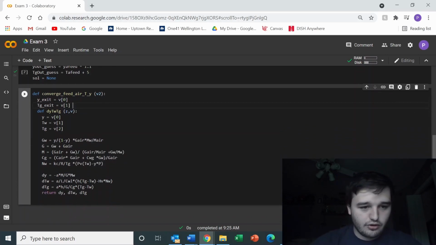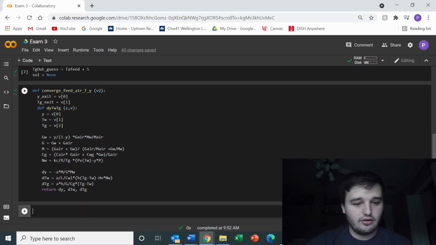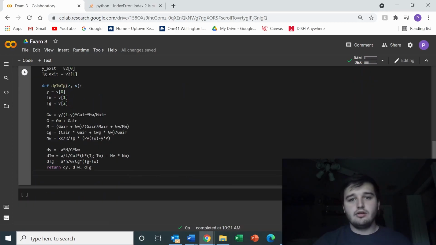Okay, so now that we have that, let's go ahead and shift enter to see that there are no errors in there, which is good. Hopefully there are no errors from typing out the formulas, but if there are, we're going to find out very soon. So now we're moving on to the solve IVP problem.